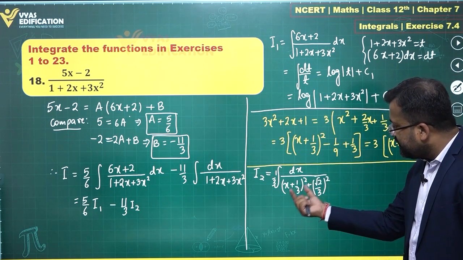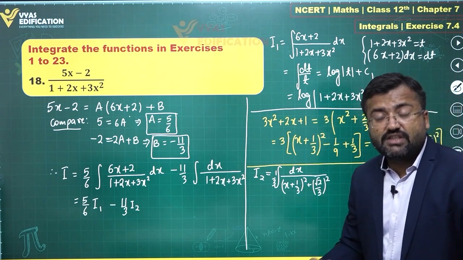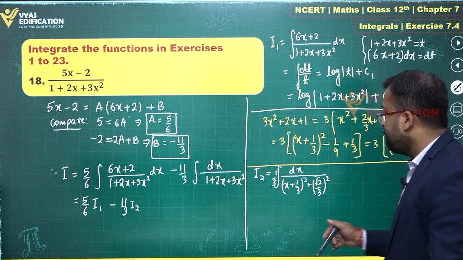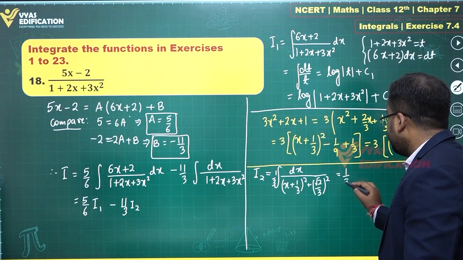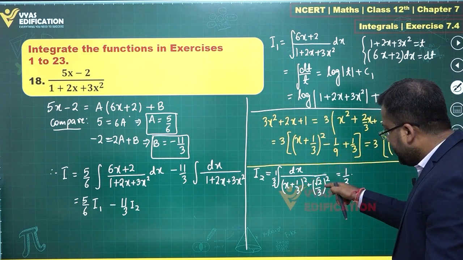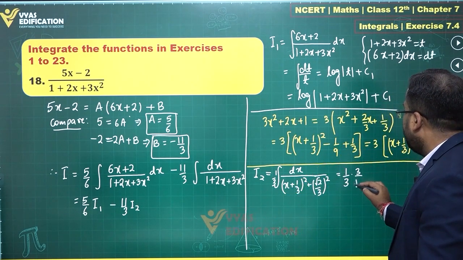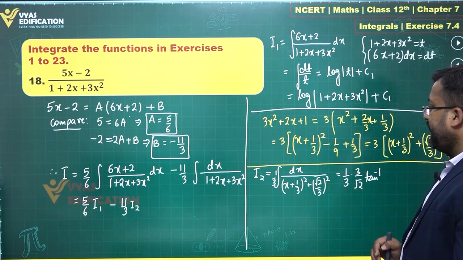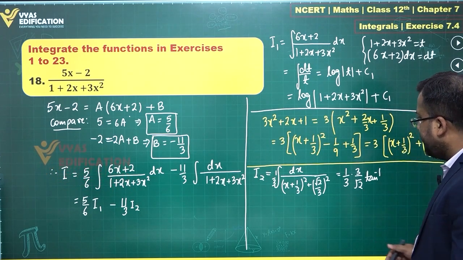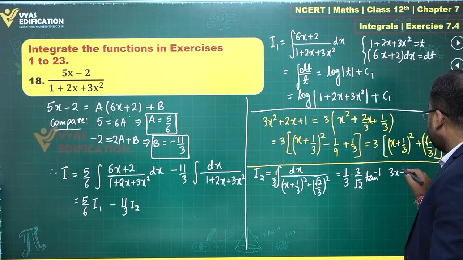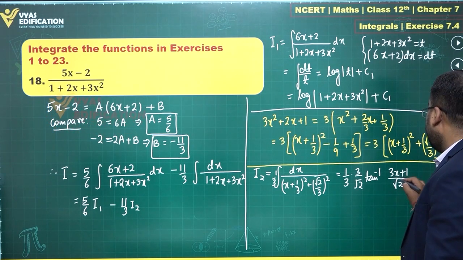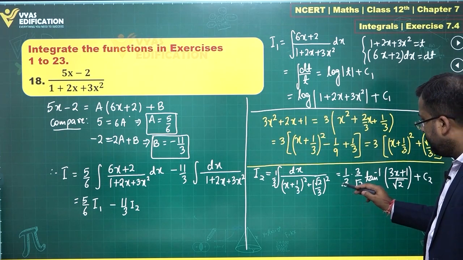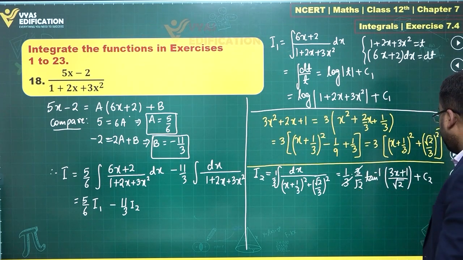This is similar to 1 upon x square plus a square, which converts to 1 upon a tan inverse x by a. This 1 by 3 is outside. 1 by a means the reciprocal, which will be 3 by root 2. Tan inverse x by a is x plus 1 by 3 upon root 2 by 3, multiplied by 3, which becomes 3x plus 1 upon root 2, plus constant c2. That's the other constant that you need. This 3 cancels with this 3.